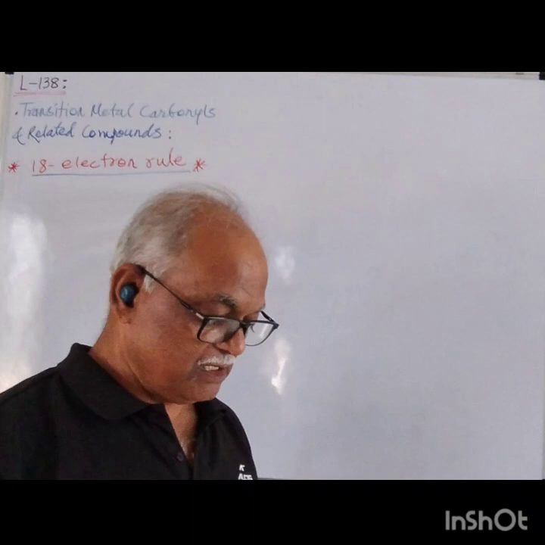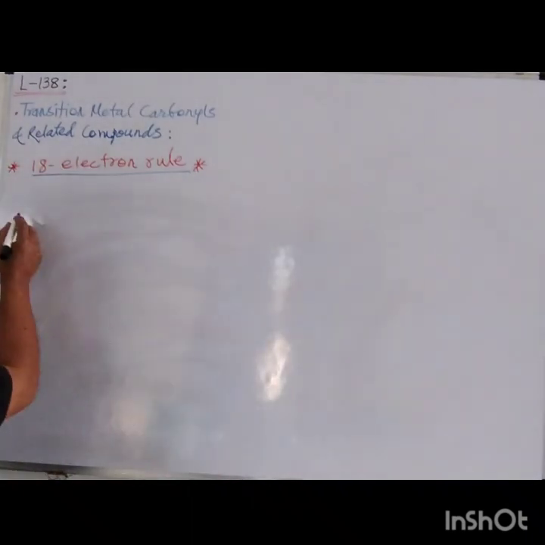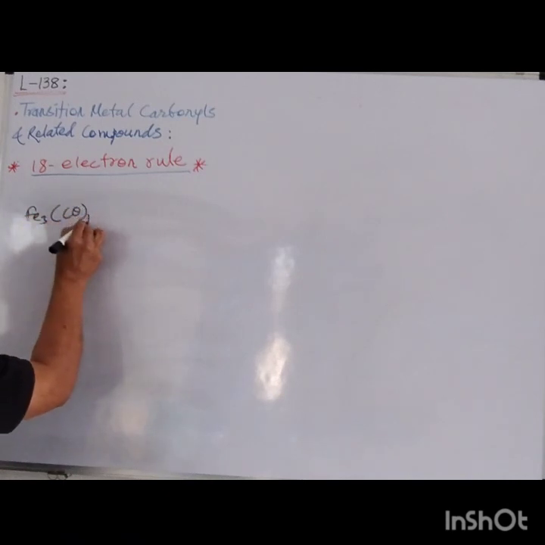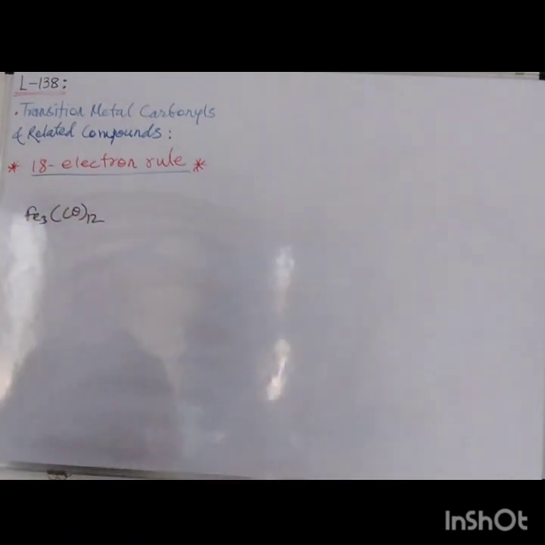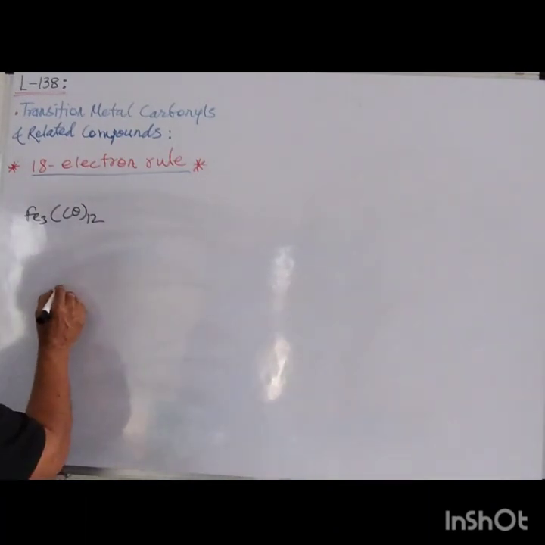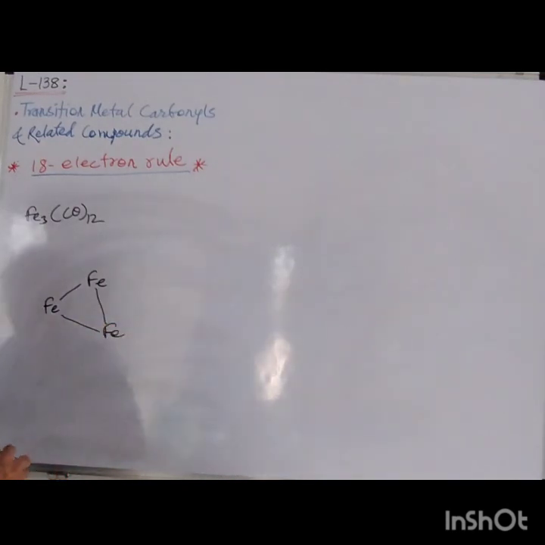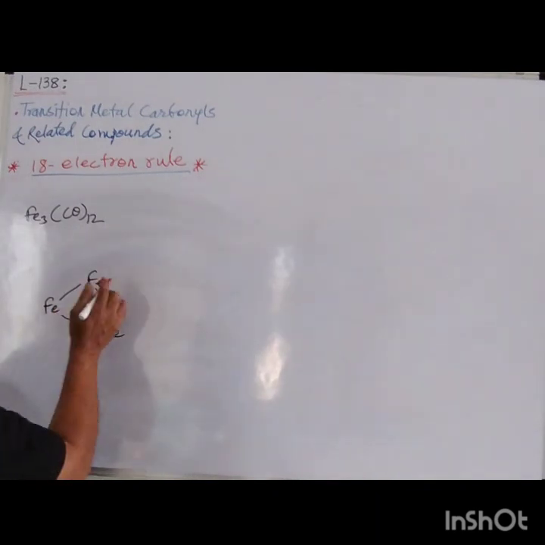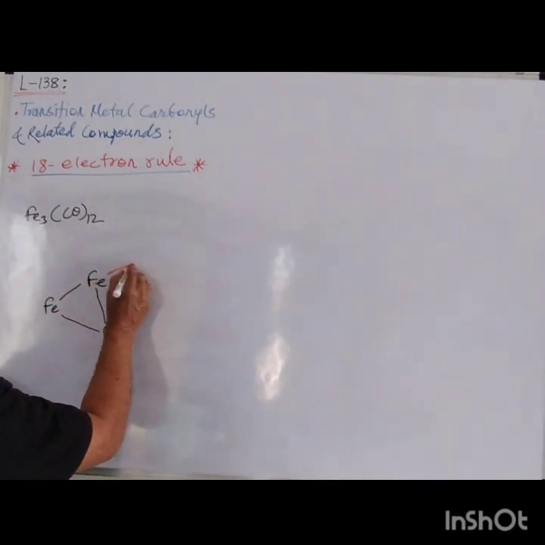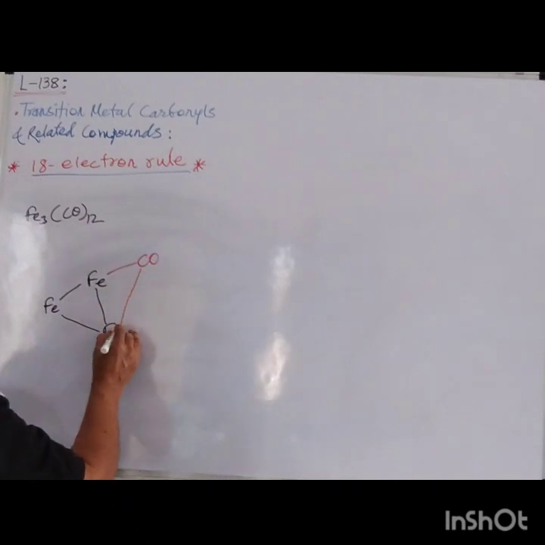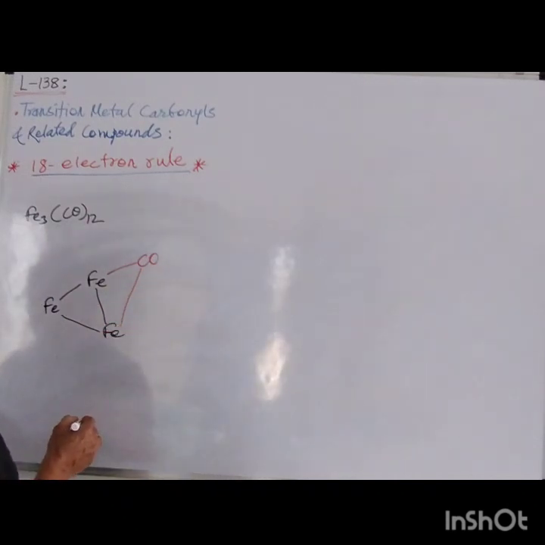There is another example, that is Fe3(CO)12. And the structure of this is Fe like this. Then there are the bridging CO like this.